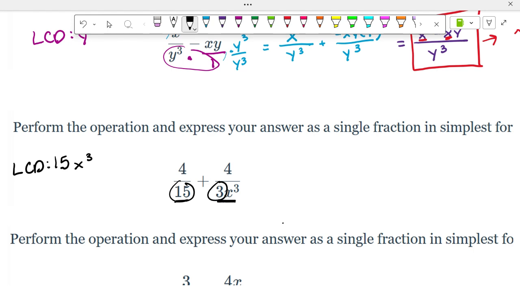Could I just multiply 6 and 8? Just give me somewhere to start. What's 6 times 8? Come on, guys, that's the multiplication table. 6 times 8, 48. So 48 will work. Let's see if we can go lower.